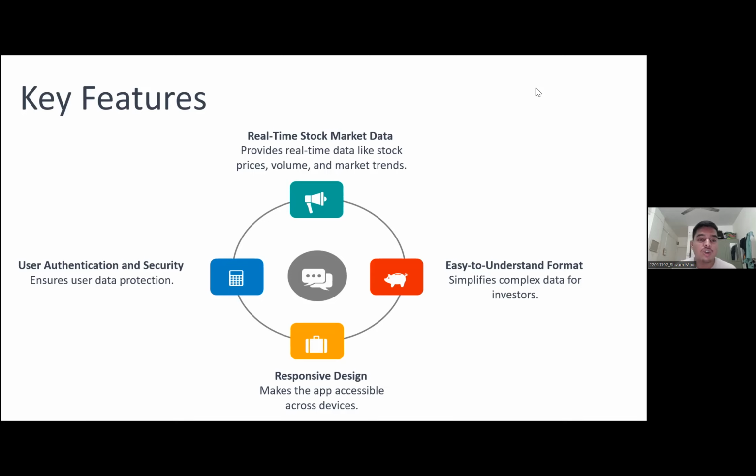Then user authentication and security, and responsiveness, because the responsive design will be usable on every device, such as mobile, tablet, and laptop, in an easy to understand format. We will divide complex numbers in a simpler way, in which the customer can easily understand the details.